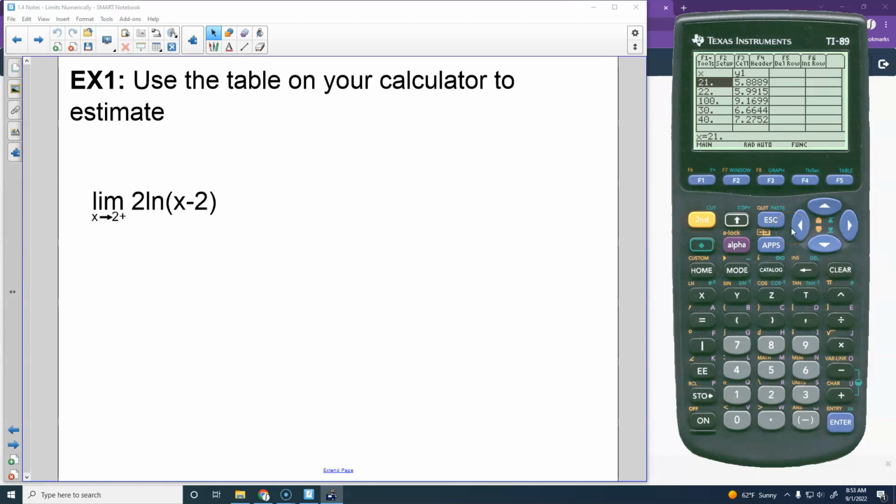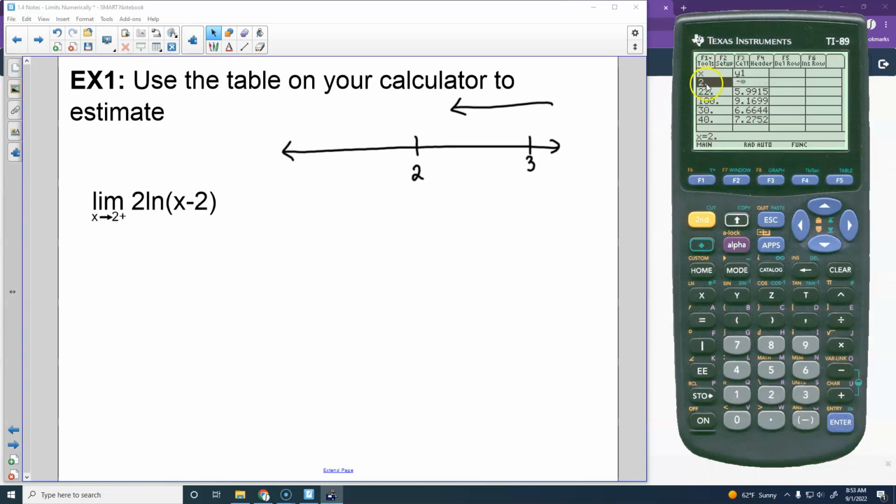So what we're going to do is think about the number line, and we're approaching 2 from the right-hand side. So what's a number bigger than 2? 3. Right, so let's type in, actually, first let's try 2. Let's just plug in 2.